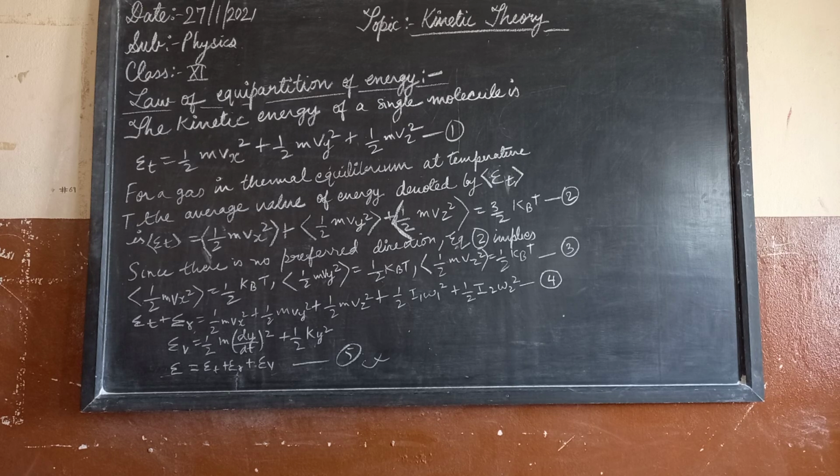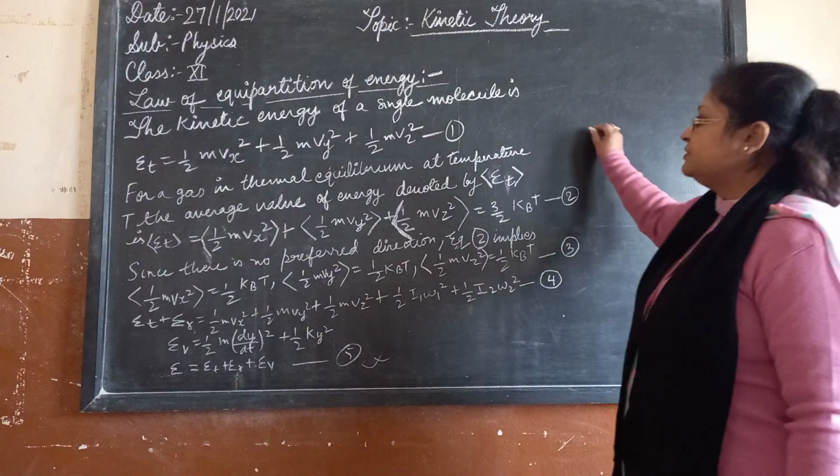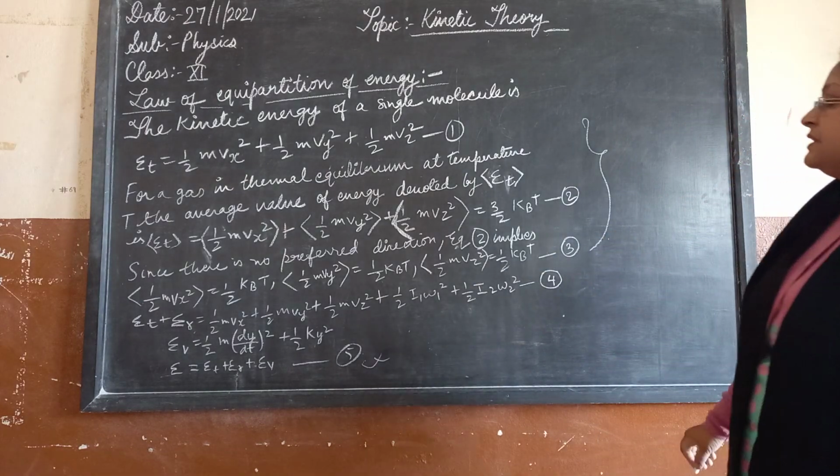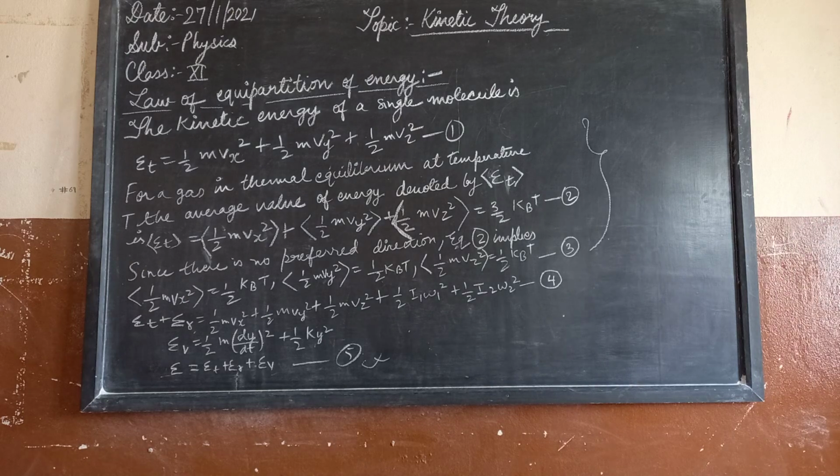No preferred direction has been given to you here. So this is the reason why the law of equipartition of energy cannot be proved here in this book itself, and thus some major ideas about this law are given here so that you will be able to understand what the law of equipartition of energy is.